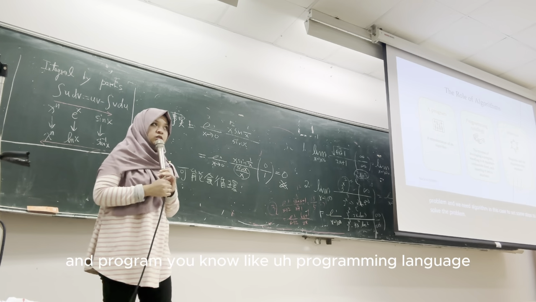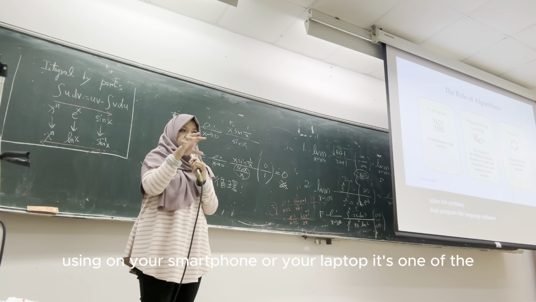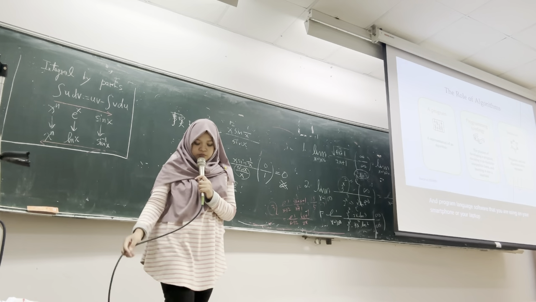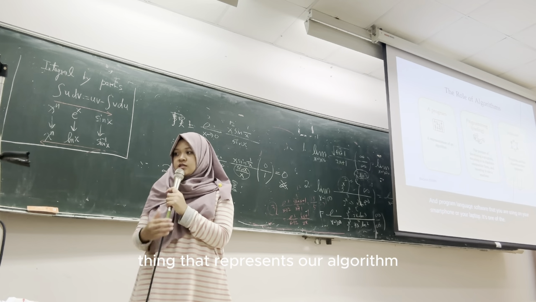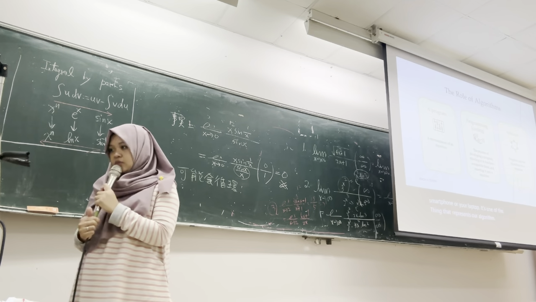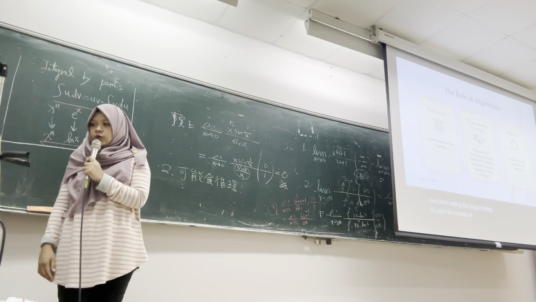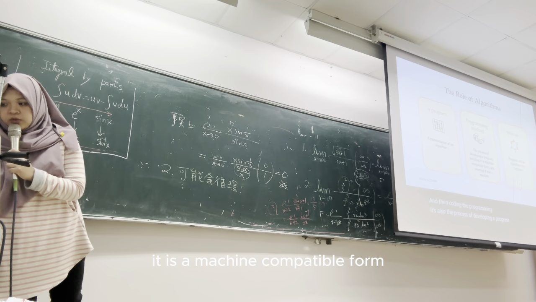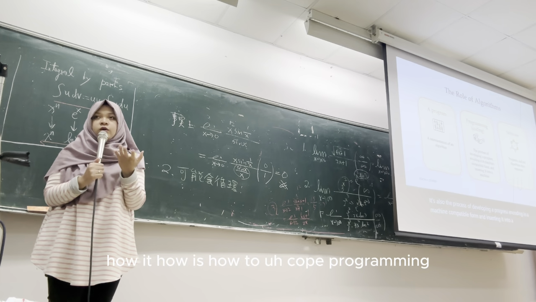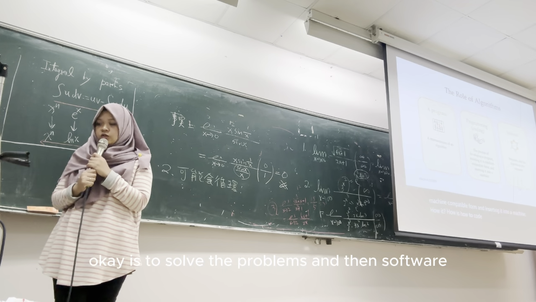Programming language, the software that you are using on your smartphone or your laptop, is one of the things that represents an algorithm. And then coding, the programming, is also the process of developing a program in a machine compatible form and inserting it into a machine. It's to solve the problems.